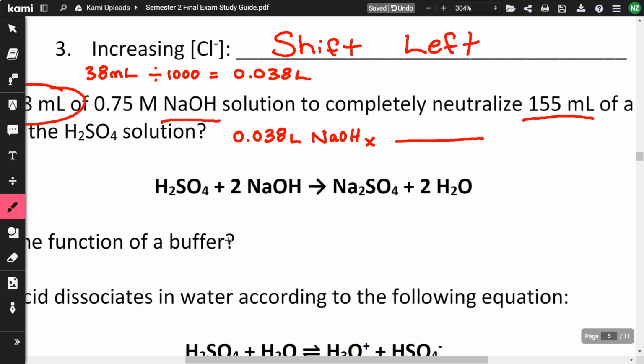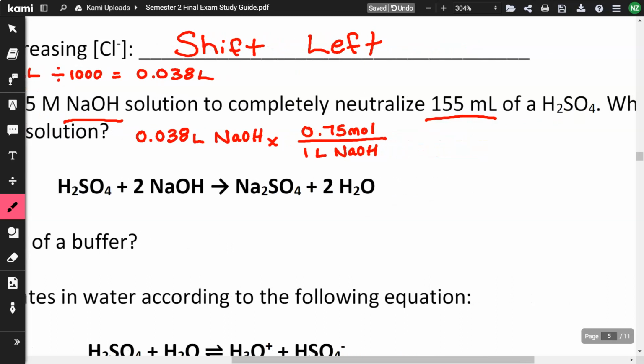The molarity is 0.75, so that means in 1 liter of NaOH, we have 0.75 moles. And then we're going from base to acid.